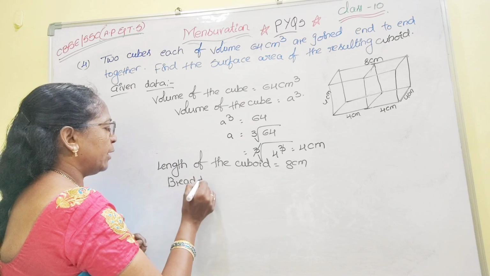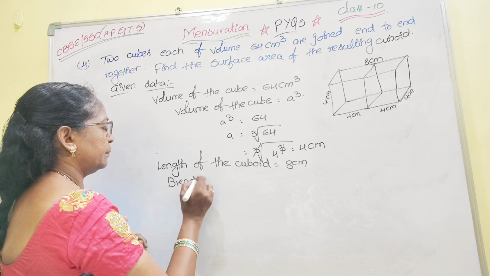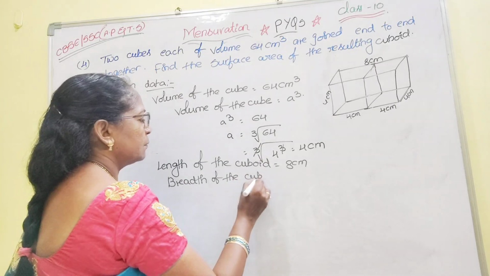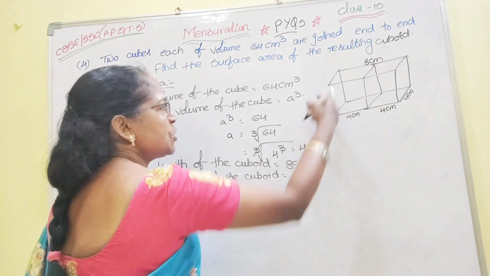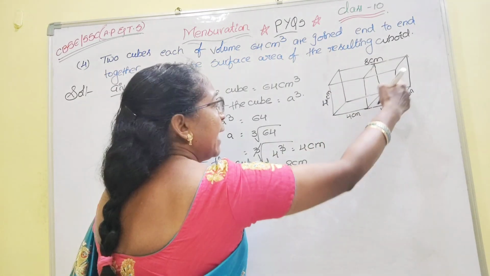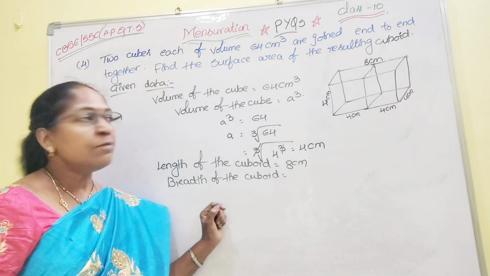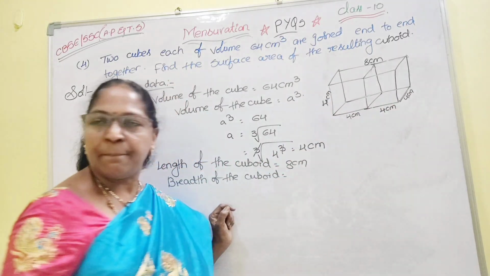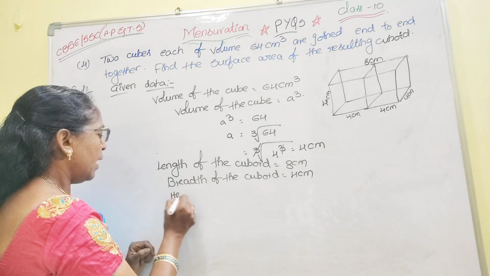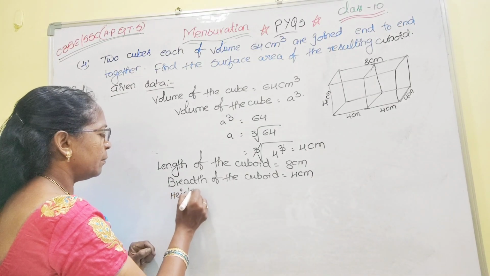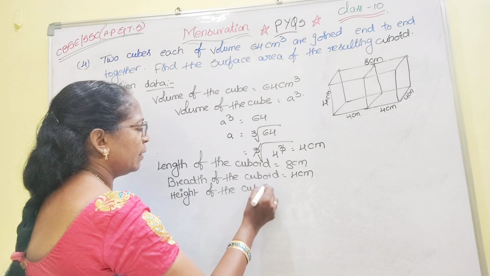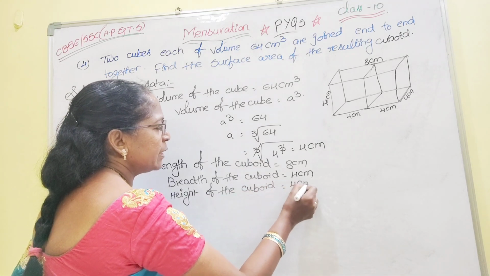Breadth of the cuboid equal to 4 centimeters. This is the height and this is the breadth. So breadth equal to 4 centimeters, as well as height of the cuboid equal to 4 centimeters.